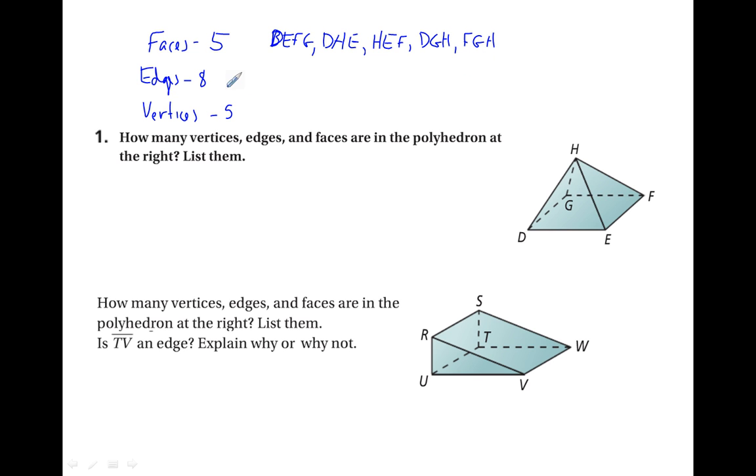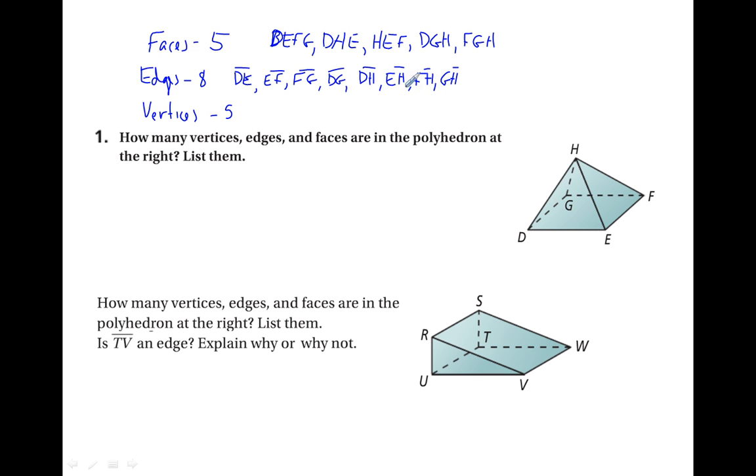Now for the edges, those are all of the segments. If we start on the bottom, I have DE, EF, FG, and DG. And then if we think of the edges that go up towards the point H, we have DH, EH, FH, and GH.